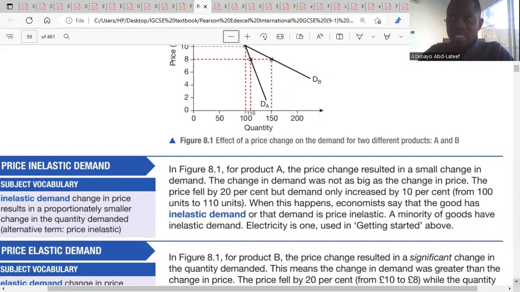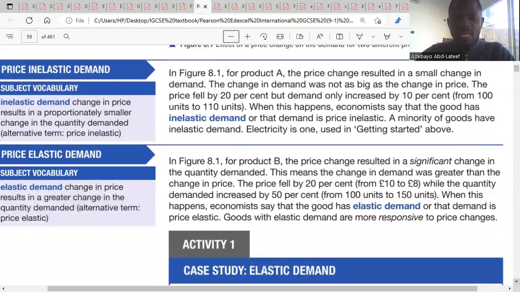That is what inelastic demand means. Then we have elastic demand. For elastic demand, there is a change in the quantity demanded of a product as a result of a change in price. So the demand for such a product is price elastic. Whenever the price of such a product changes, the quantity demanded for that product will change. That is price elastic. Is it clear?